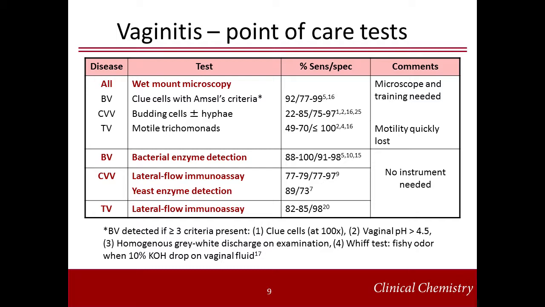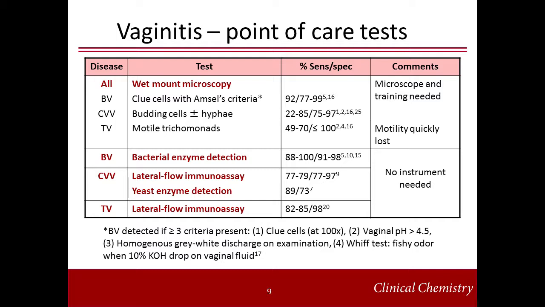Wet mount microscopy is not a sensitive test for Candida and Trichomonas infections, so if no diagnosis is made after the microscopy, then more sensitive tests need to be done at point of care or requested from the laboratory. Other tests in the table are simple and user-friendly commercial point-of-care tests that are specific for bacterial vaginosis, Candida infection, or Trichomonas infection.